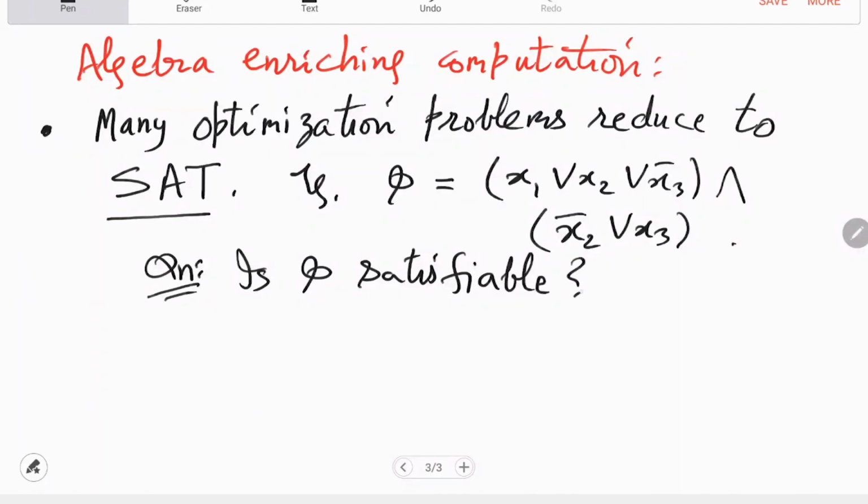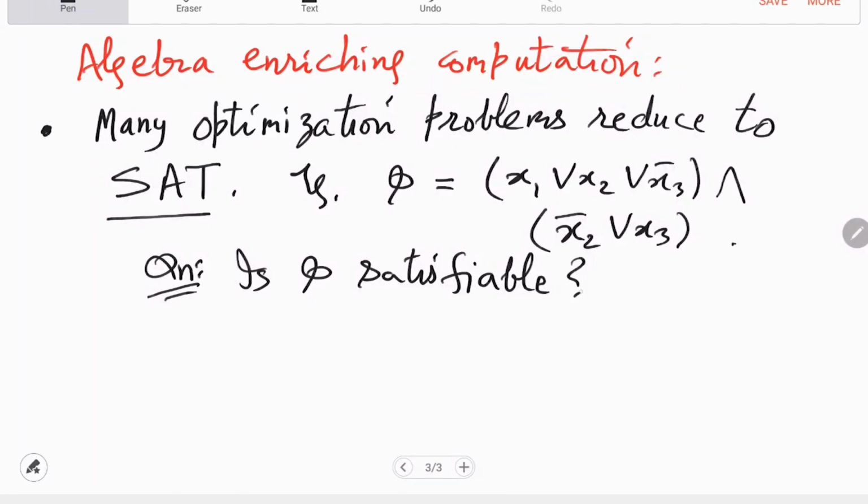Right, so that's a kind of abstraction of a computational question, but it is very real because many optimization problems actually can be phrased in this form, right? That you must have seen. And the problems to which you can reduce SAT are called NP-hard problems, right?